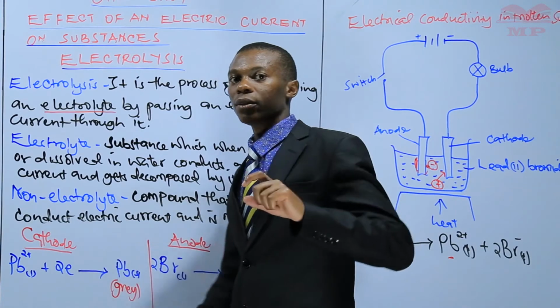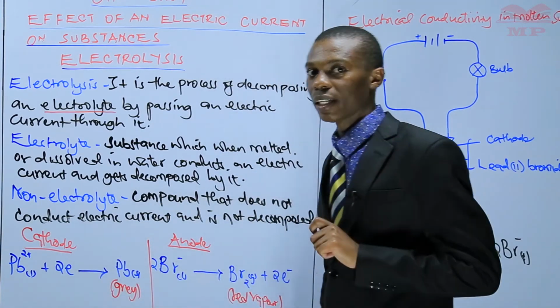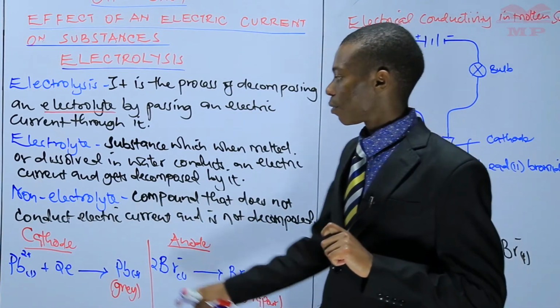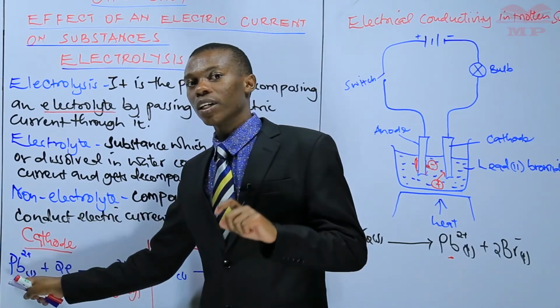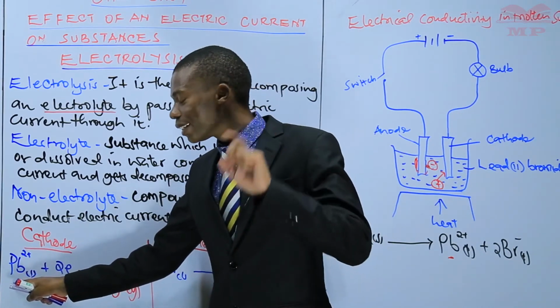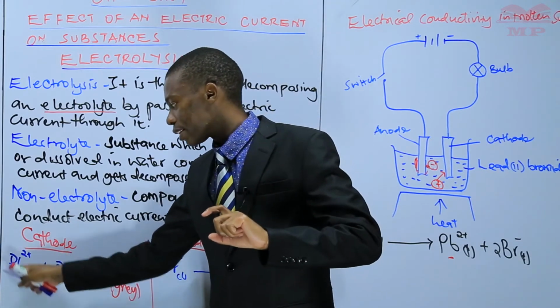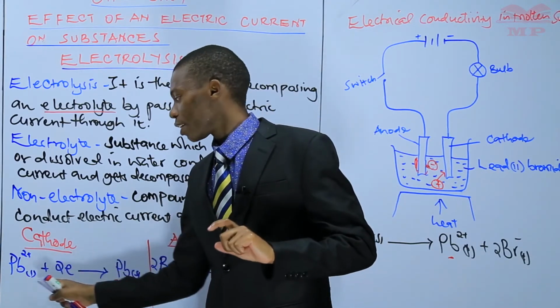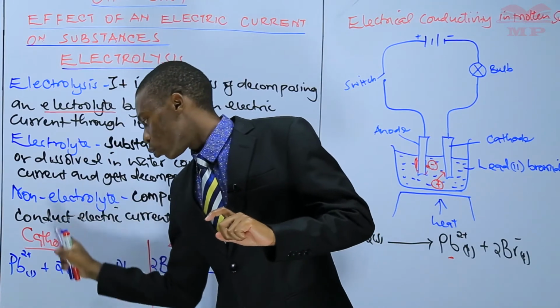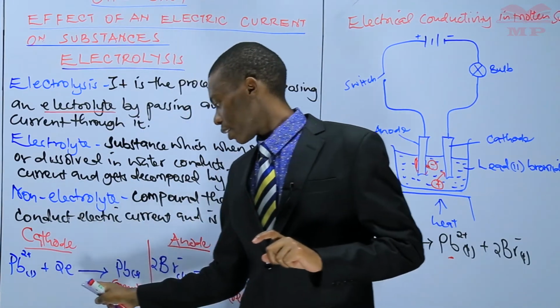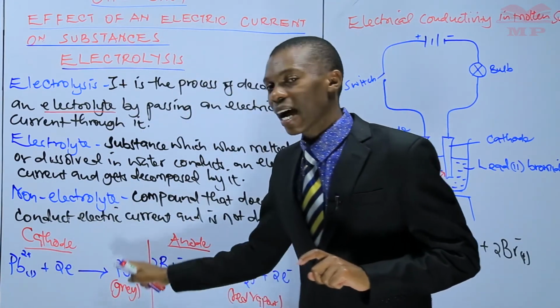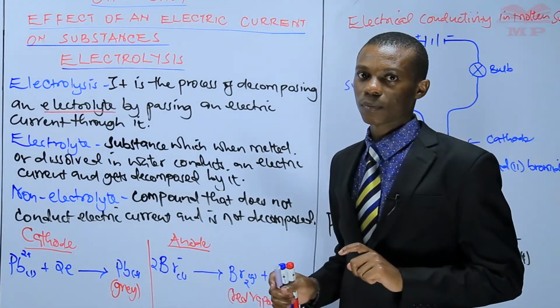And lead is a metal. Metals form ions by losing electrons. And therefore, these lead ions had already lost 2 electrons to form these ions. And therefore, that's why they have to gain 2 electrons so that they are now deposited as an atom.